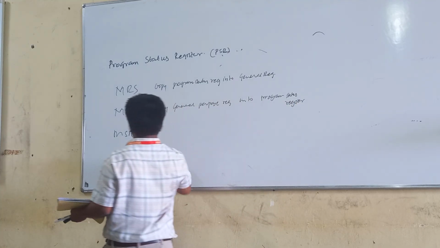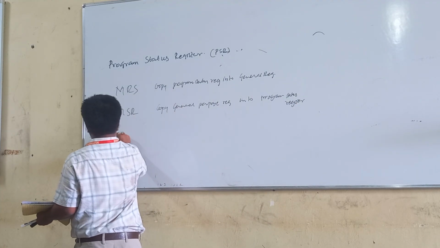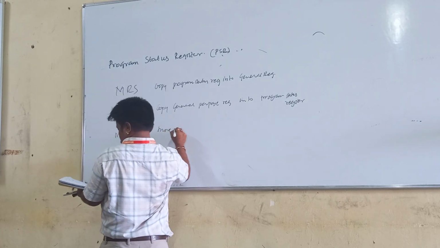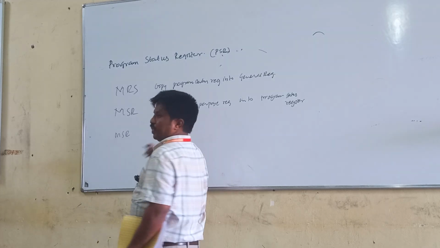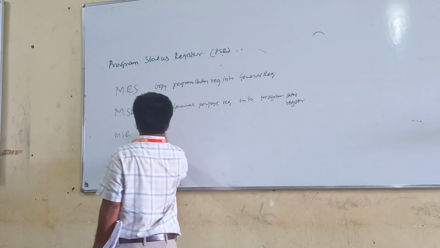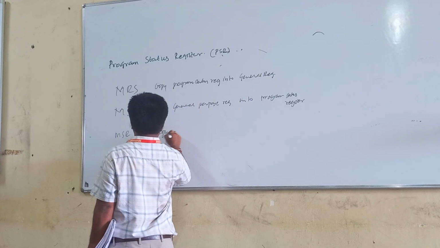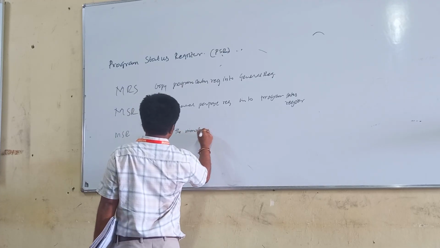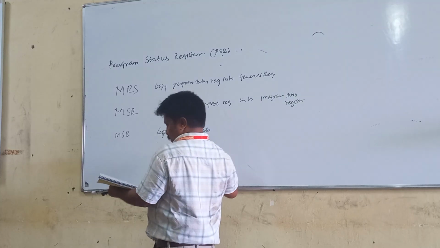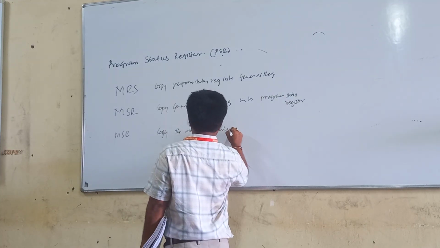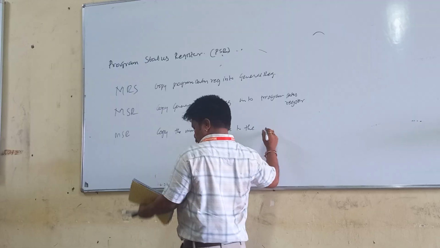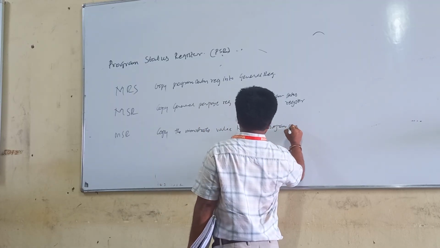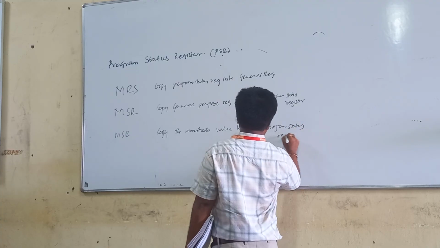Okay, next is the MSR. That will be written as move the n, where we are using the immediate value. You can say move or copy: copy the immediate value to the program status register.